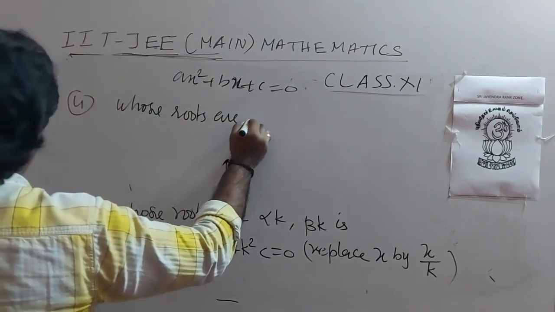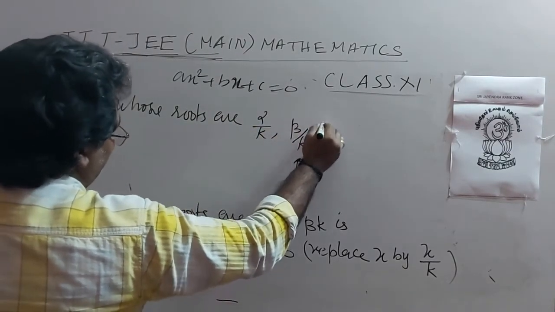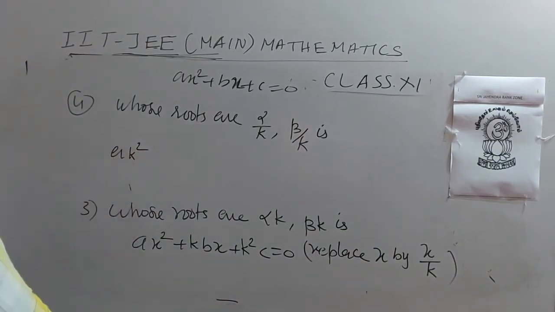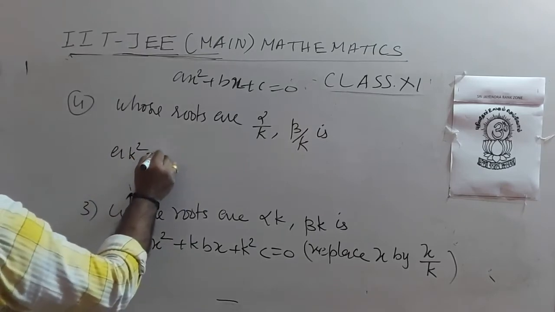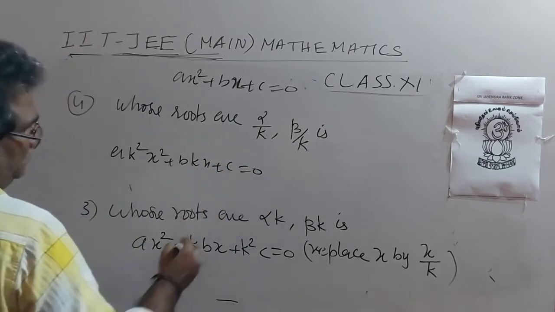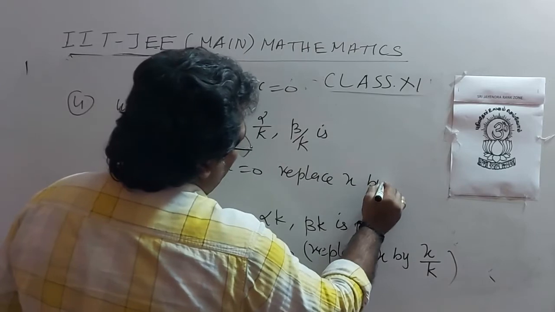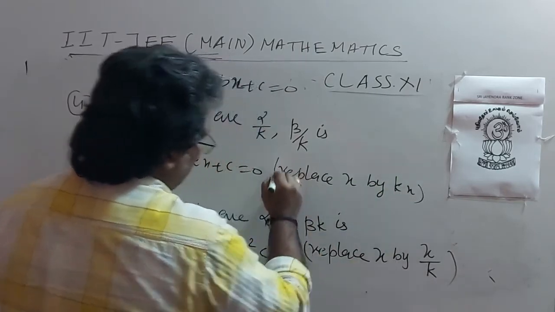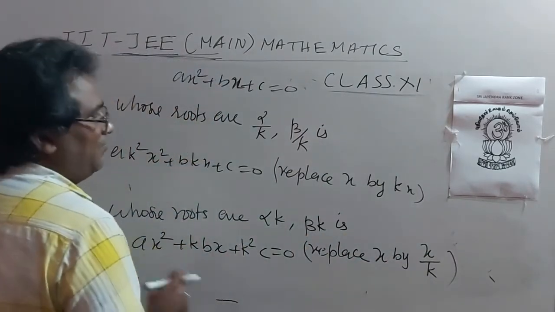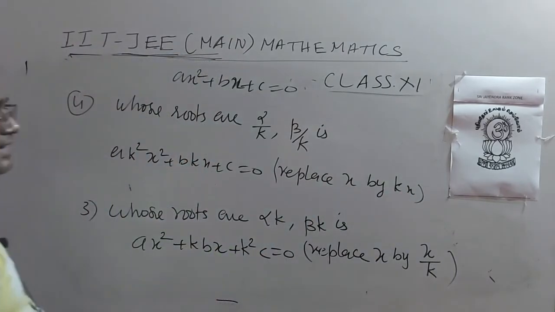Whose roots are alpha by k, beta by k is a k squared x squared plus b k x plus c equals 0. Replace x by kx. When you multiply by k, x will be replaced by x by k. When you divide by k, x should be replaced by k into x.